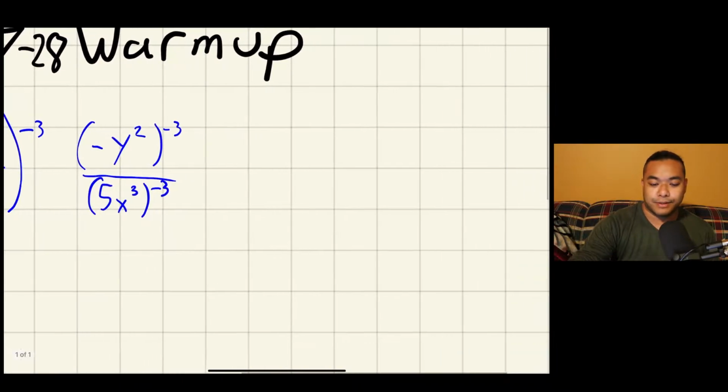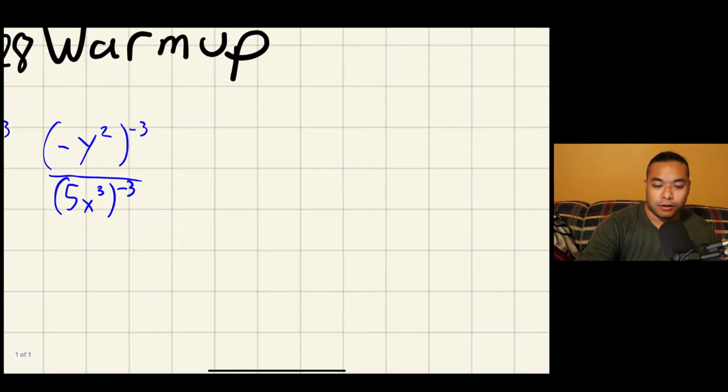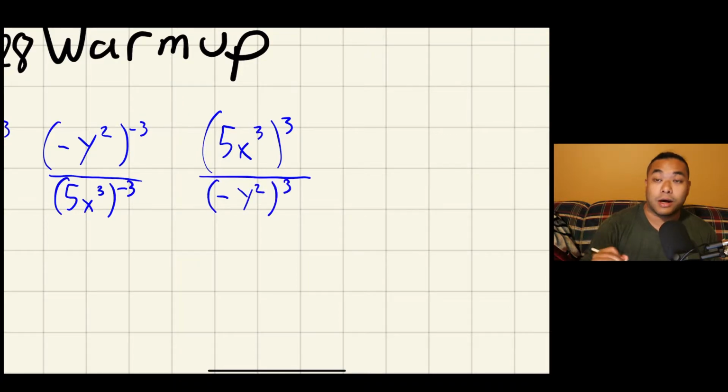And that'll give us 5x cubed on top over negative y squared cubed on bottom. And power to a power, this cube goes to both the 5 and the x cubed.